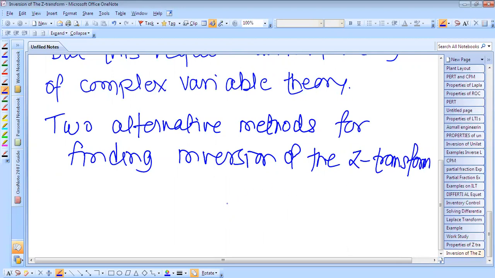Okay, so the first method is the method of partial fraction.